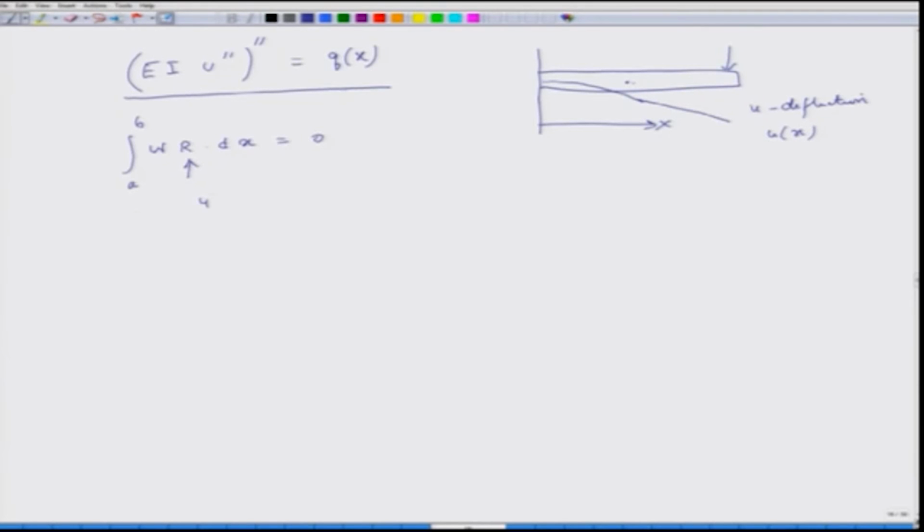It will be fourth order, right. Why? Because when I take W, what is R?